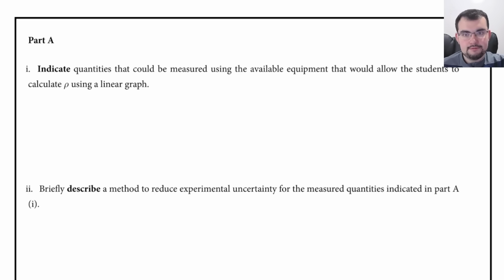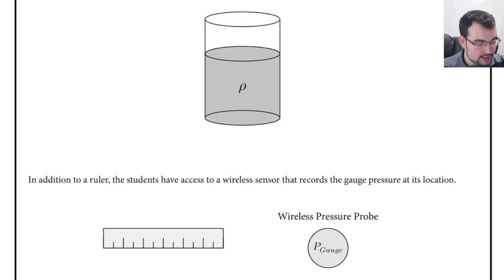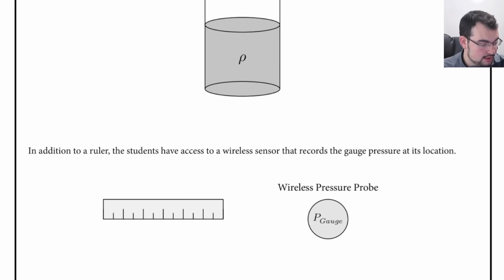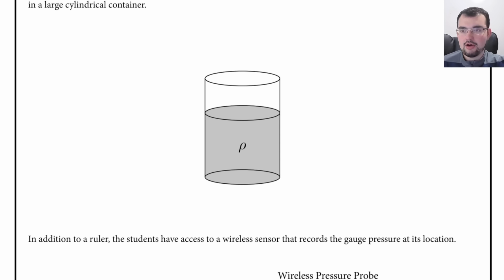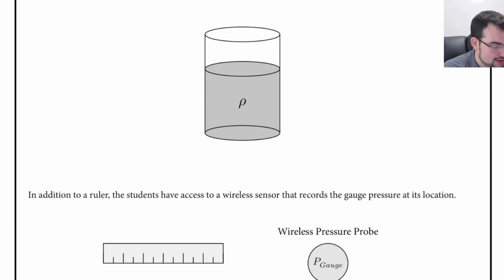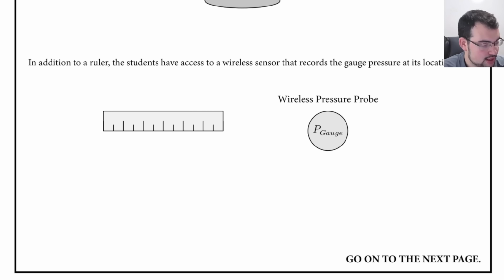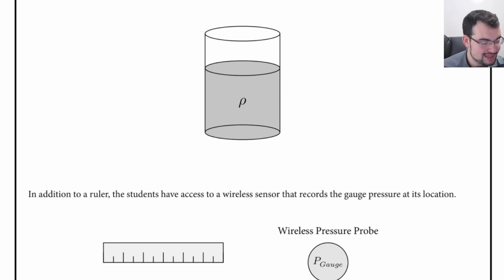So figure out what equipment they give you. They gave me a ruler. And they also gave me a pressure probe. So I'm measuring pressure and at some sort of a distance. Now also, to figure out what you need, it might help to figure out how to relate these things. So ruler is distance, pressure is pressure from this probe, and we want the density.